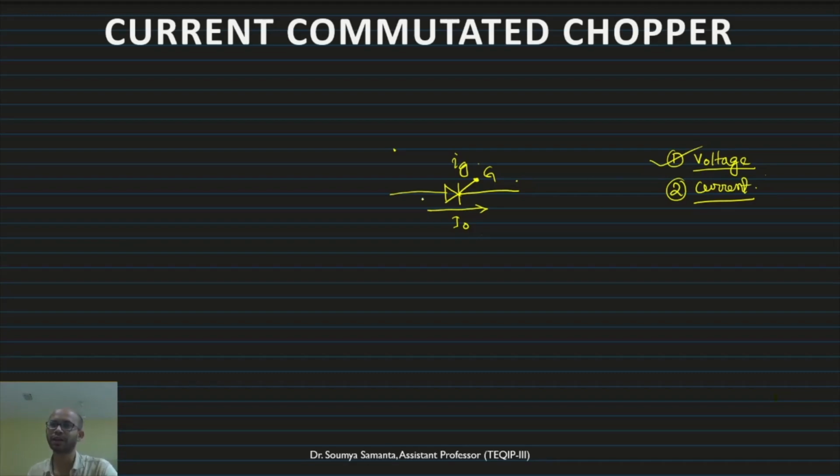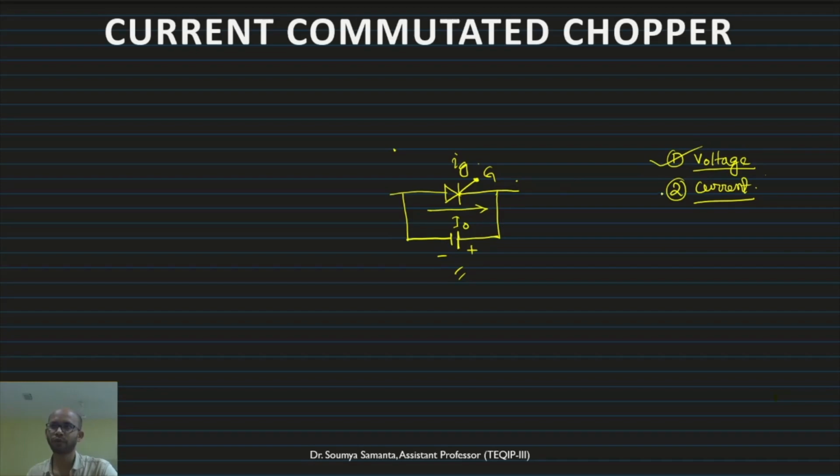What we have seen there is that if I apply a voltage in reverse bias, this is plus, this is minus, across this thyristor, then the thyristor goes to the reverse blocking mode. Once it goes to the reverse blocking mode, the thyristor turns off. This is the basic philosophy of voltage commutation for the thyristor.